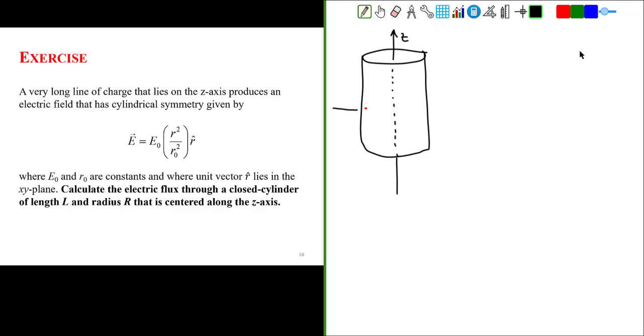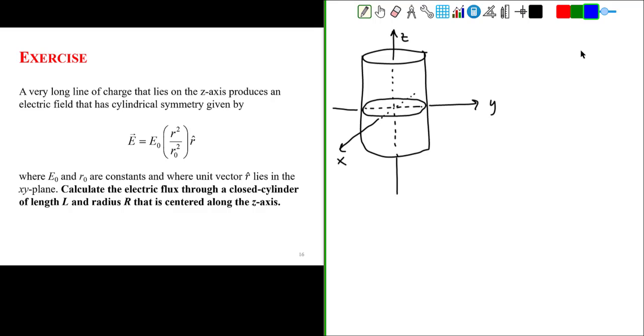The y-axis is horizontal, and the x-axis is coming towards us. And here I'll do this for the xy plane for some perspective. Well, let's take an area vector.